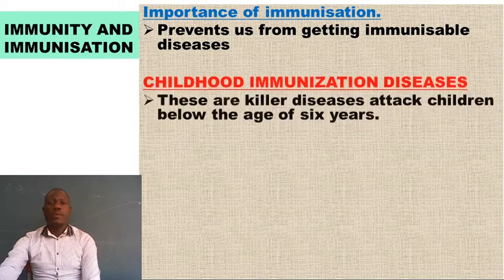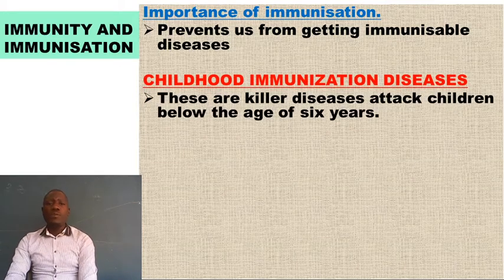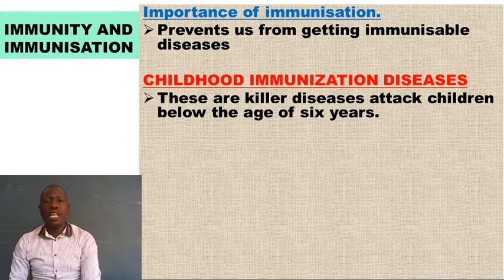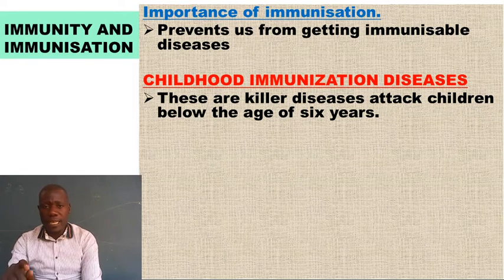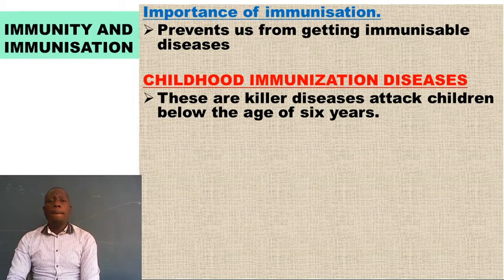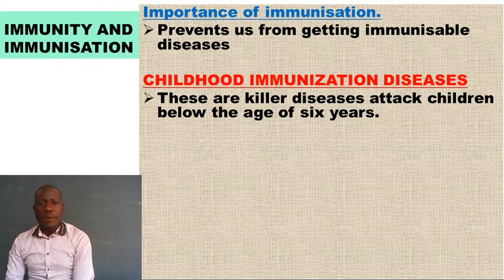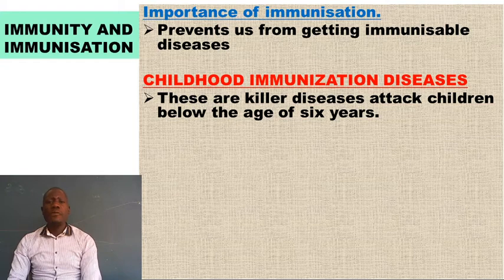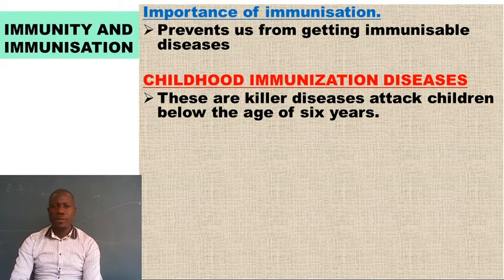Now, children, we have two types of these immunizable diseases. We have the childhood immunizable diseases. The spelling there should be immunizable. We shall correct that. The childhood immunizable diseases, and then we have other immunizable diseases. What do we mean by the childhood immunizable diseases, my beloved children?